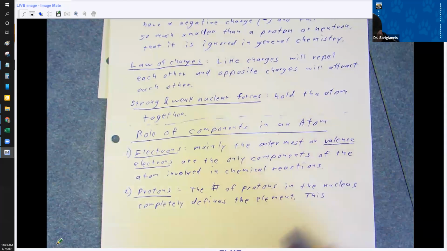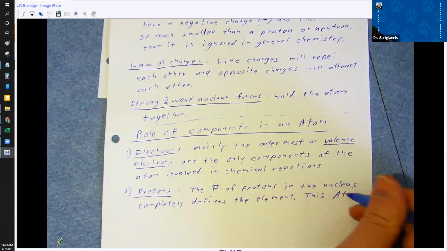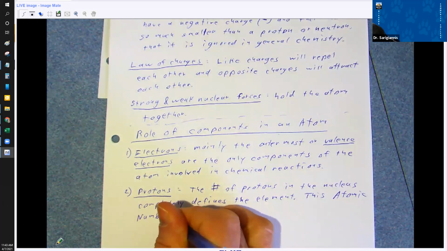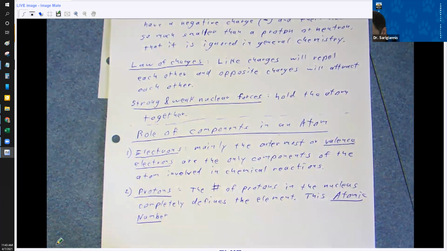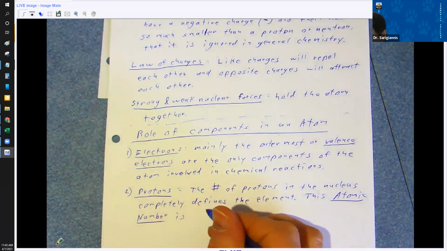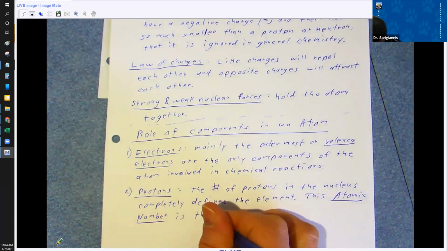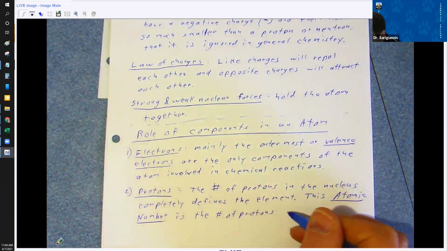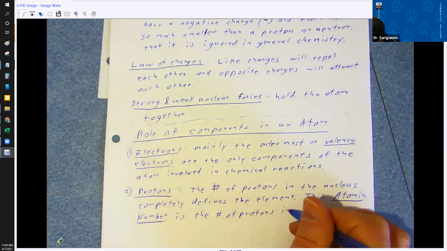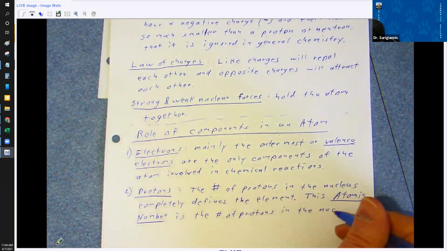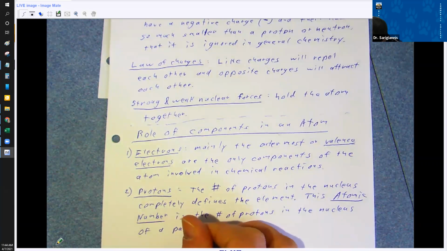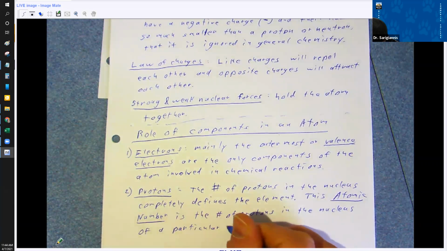This atomic number is the number of protons in the nucleus of a particular element.